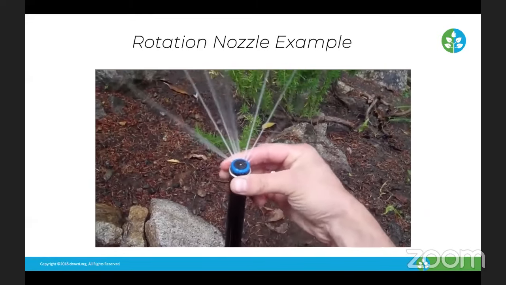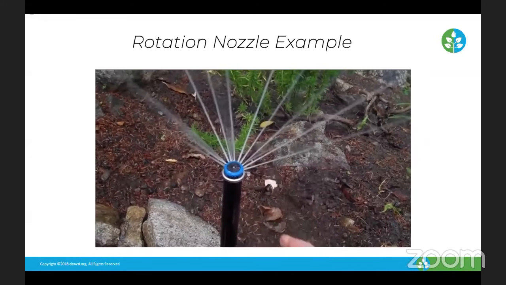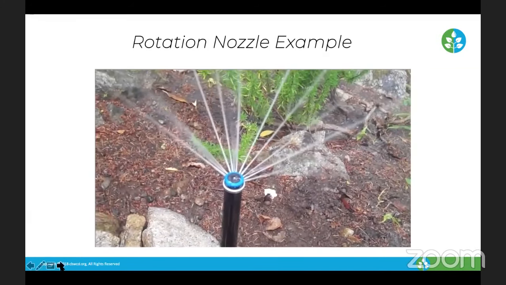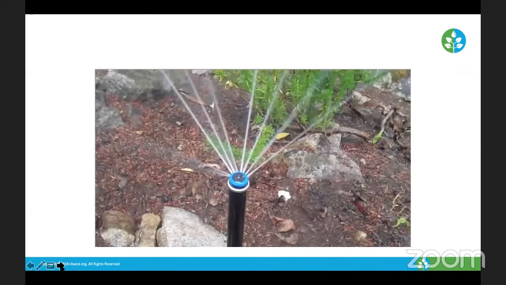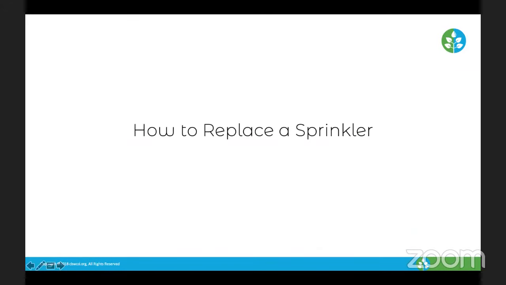By turning it clockwise, it will open up the spray, giving you a wider arc. So you can see how adjustable those are. That's considered a variable arc nozzle, but that is the rotating nozzle. So they have that capacity too.